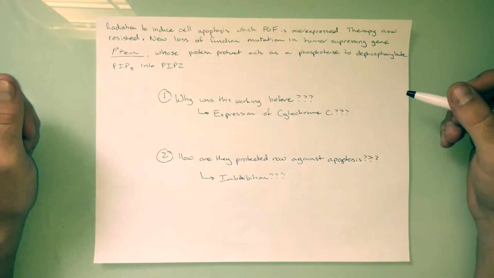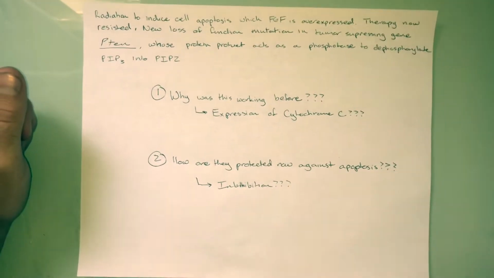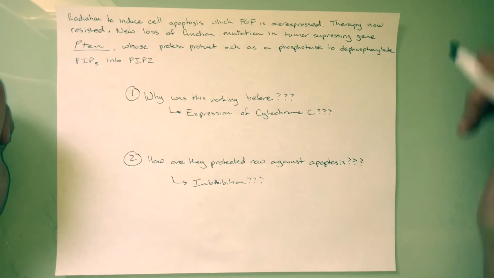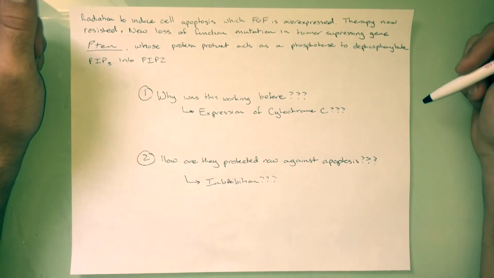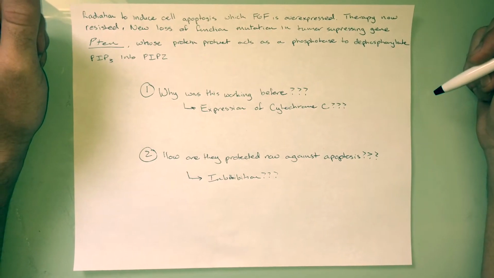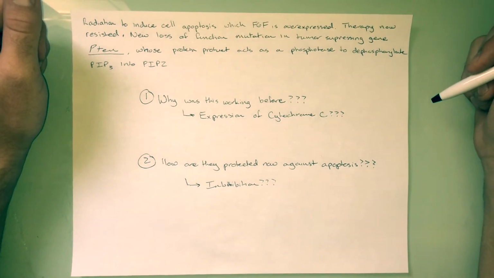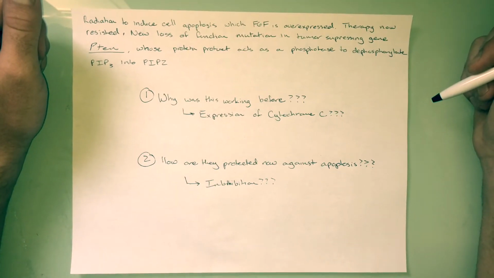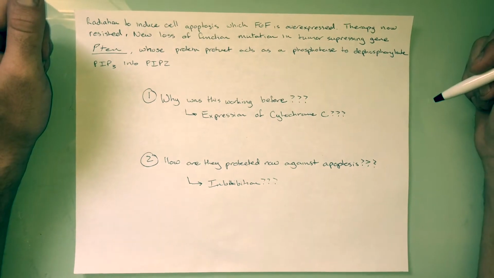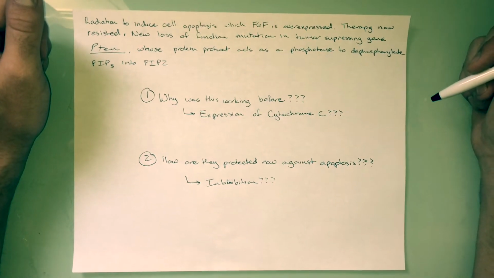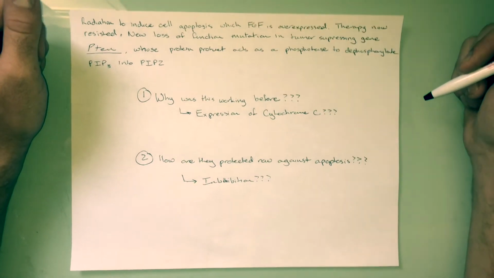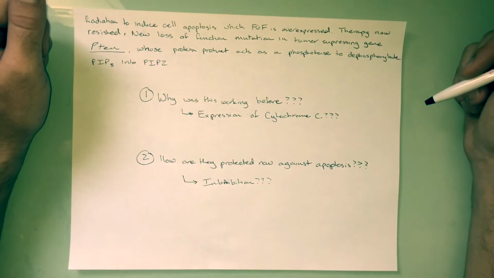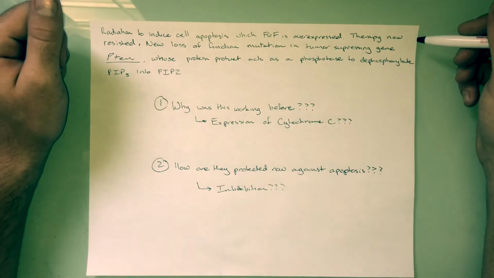So today we're going to be looking at an example where we use radiation therapy to induce cell apoptosis in a mouse tumor model. Recently, radiation has been used to induce apoptosis so the cell can then die and spread is reduced.